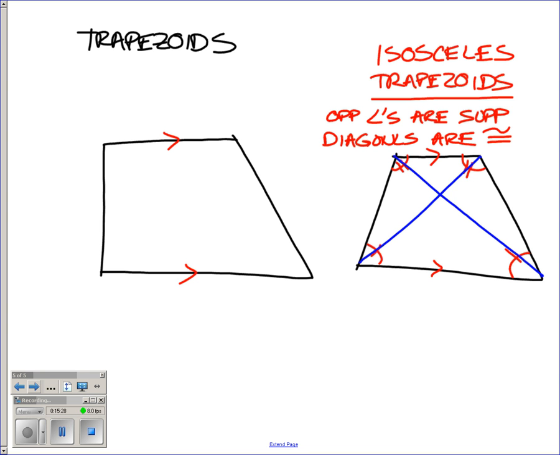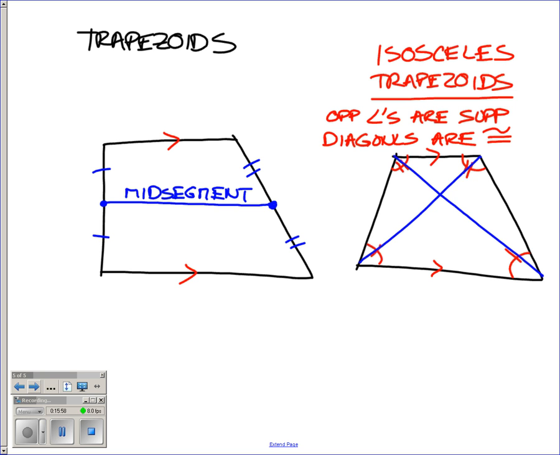Now, for any trapezoid, whether it's isosceles or regular, if we take the midpoint of one side and the midpoint of the other, and these are the legs, not the bases, so let's say those two segments are the same length, these two are the same length. If we connect the midpoint of one leg to the midpoint of the other, this is called the midsegment. And the midsegment has a special property.